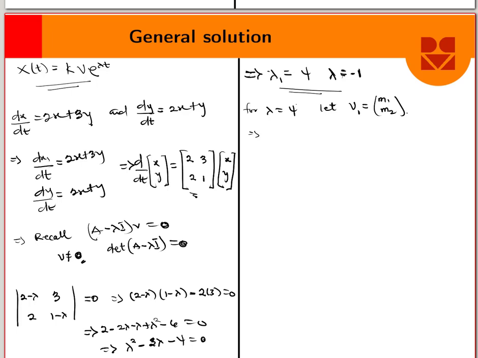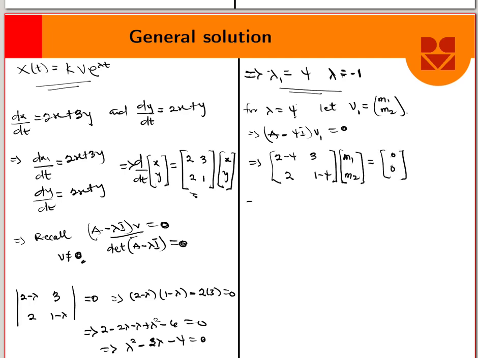Then we can recall this equation: A minus lambda, which is 4I, times v1 should be equal to 0. So we would have [2 minus 4, 3; 2, 1 minus 4] times v1, which is m1, m2, and this should be equal to 0, 0.